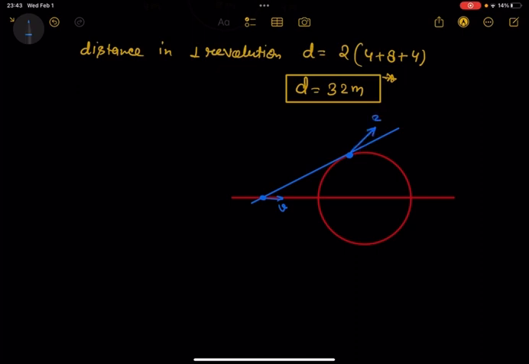I already told you, if this angle is θ, then this angle is also θ, and this angle is 90 - 2θ. I already proved these things.